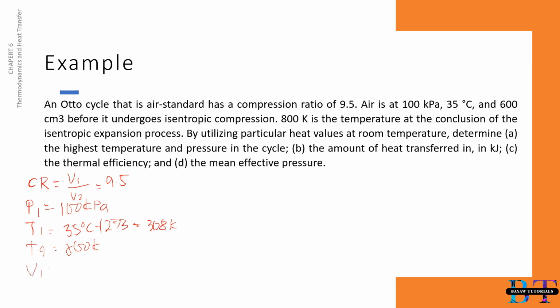Our V1 is equal to 600 cubic centimeter. Our constant pressure specific heat is equal to 1.05 kilojoules per kilogram times Kelvin. Our constant volume specific heat is equal to 0.718 kilojoules over kilogram times Kelvin.